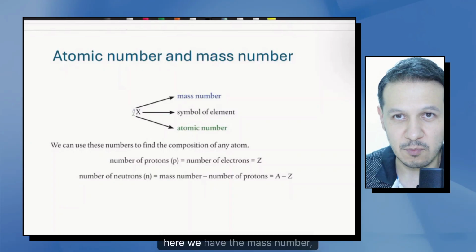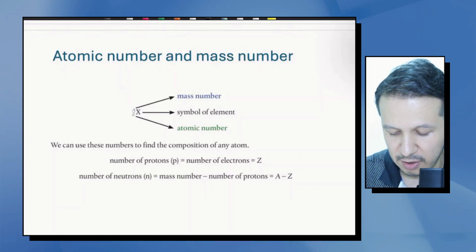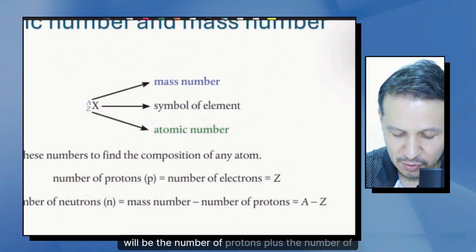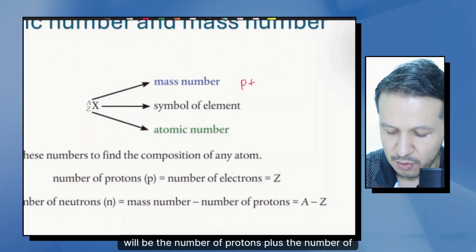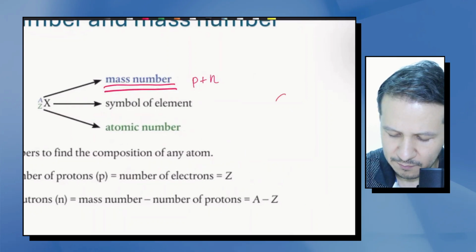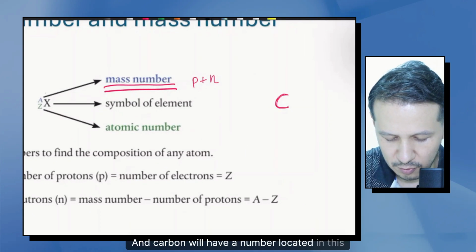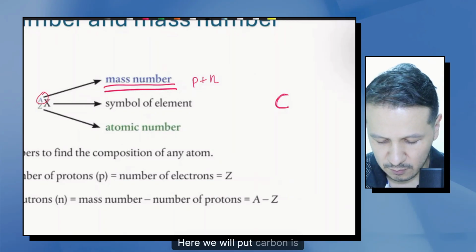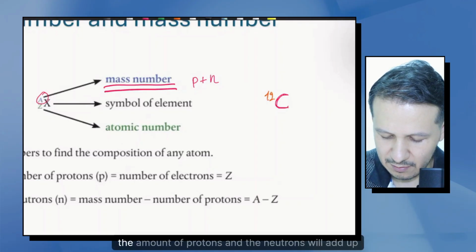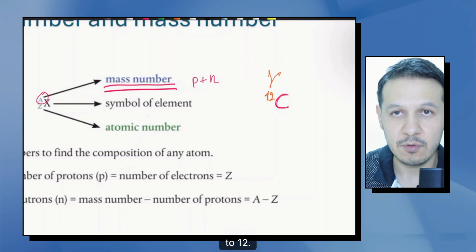And here we have the mass number, the atomic number, and the symbol of the element. The mass number is the number of protons plus the number of neutrons in the atom. For example, with carbon, the number located in this part is 12, meaning that the protons and the neutrons add up to 12.